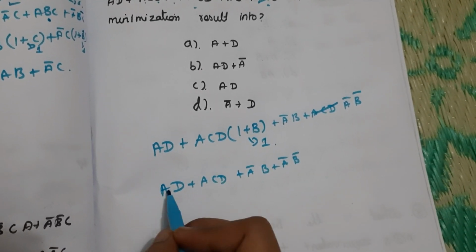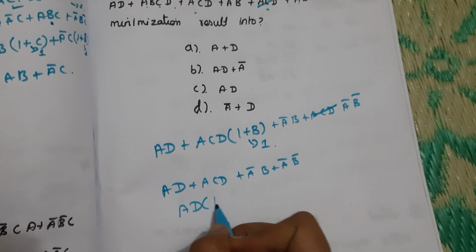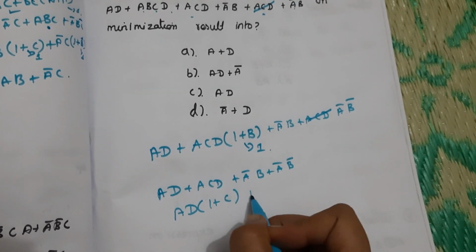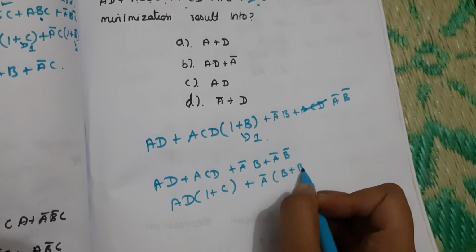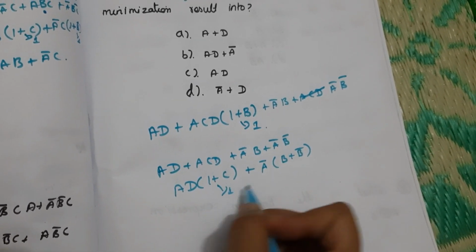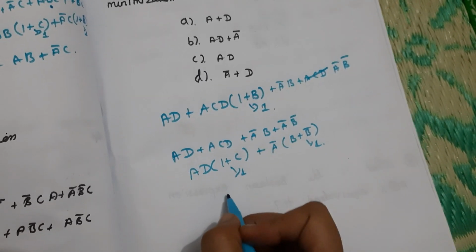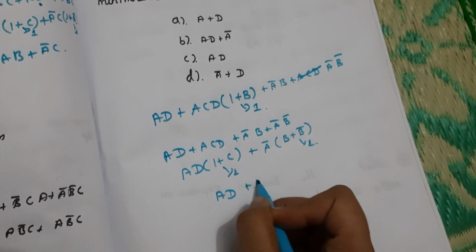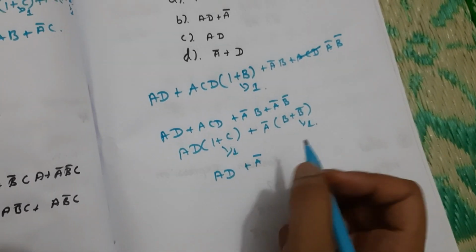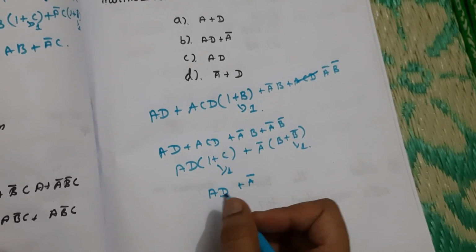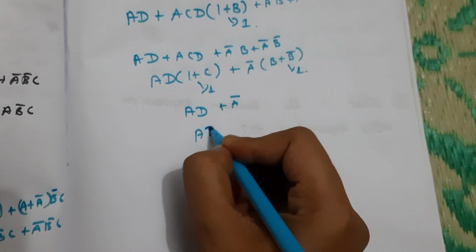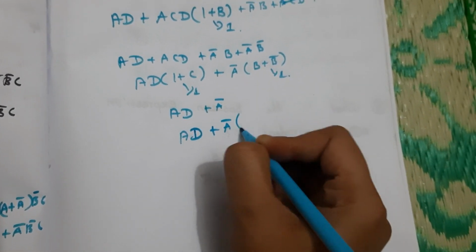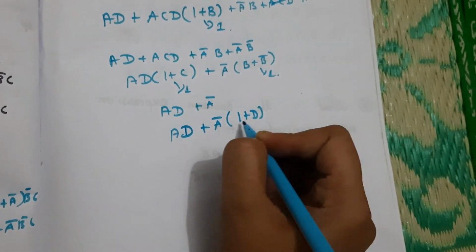And also here AD is common, so taking outside we will get 1 + C, and here A' is common and we will take B + B', we get 1. So this also becomes 1 and this also becomes 1. So we will get the answer AD + A'. Again we can minimize this by taking A', 1 + d.